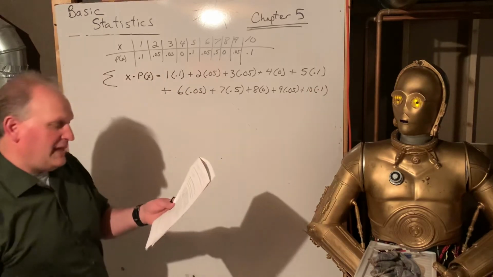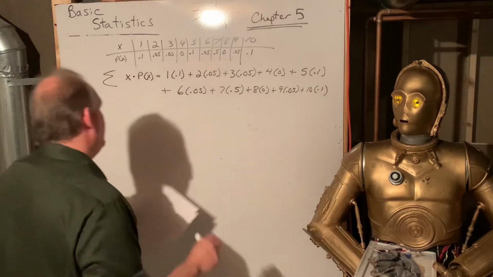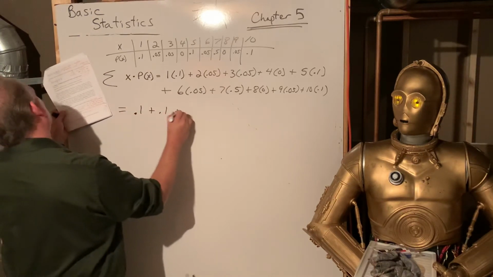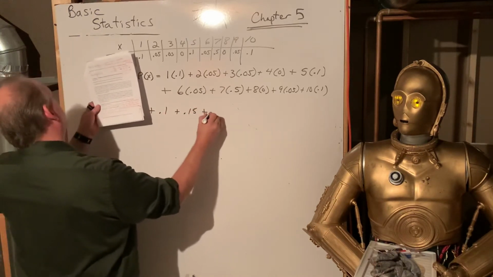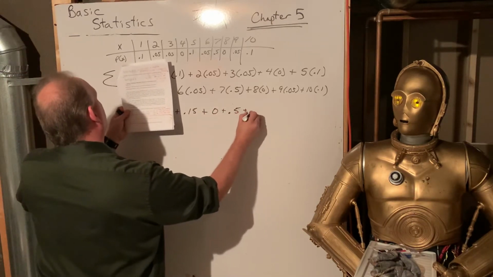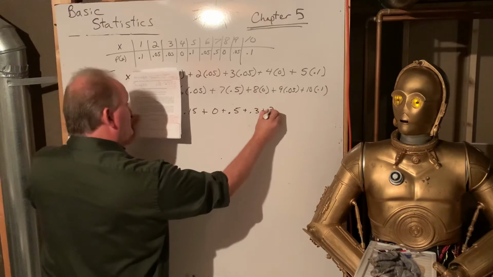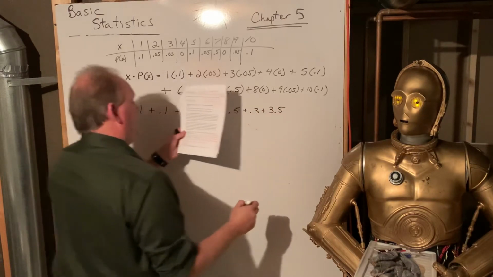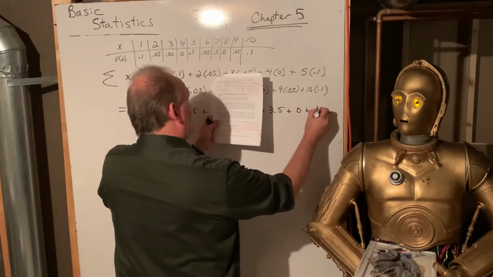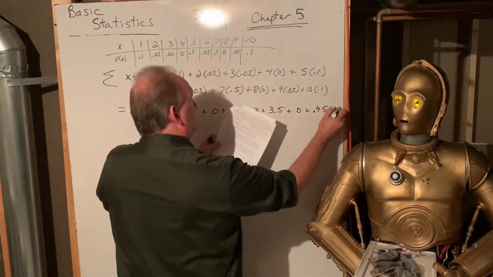And when you multiply all of those out, you end up with this: 0.1 plus 0.1 plus 0.15 plus 0 plus 0.5 plus 0.3 plus 3.5 plus 0 plus 0.45 plus 1.